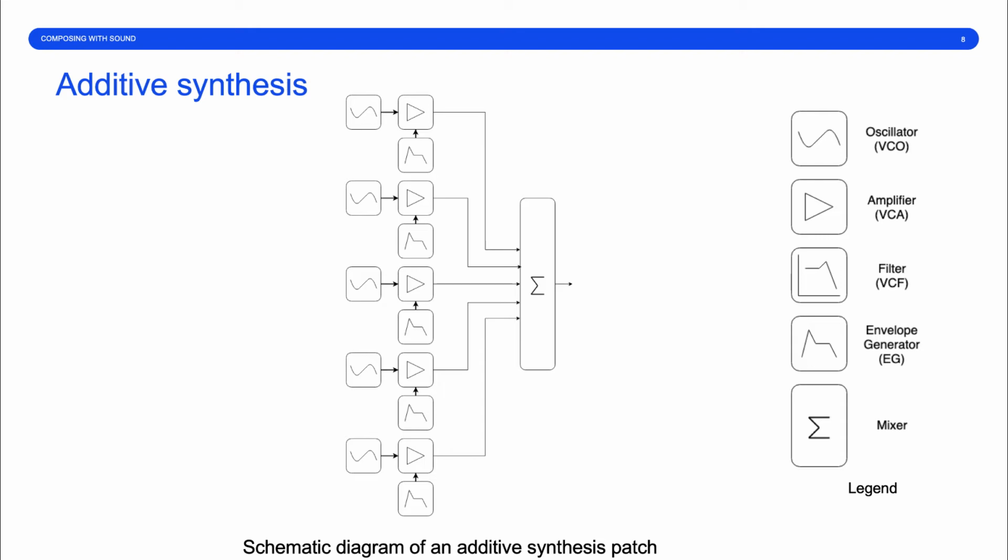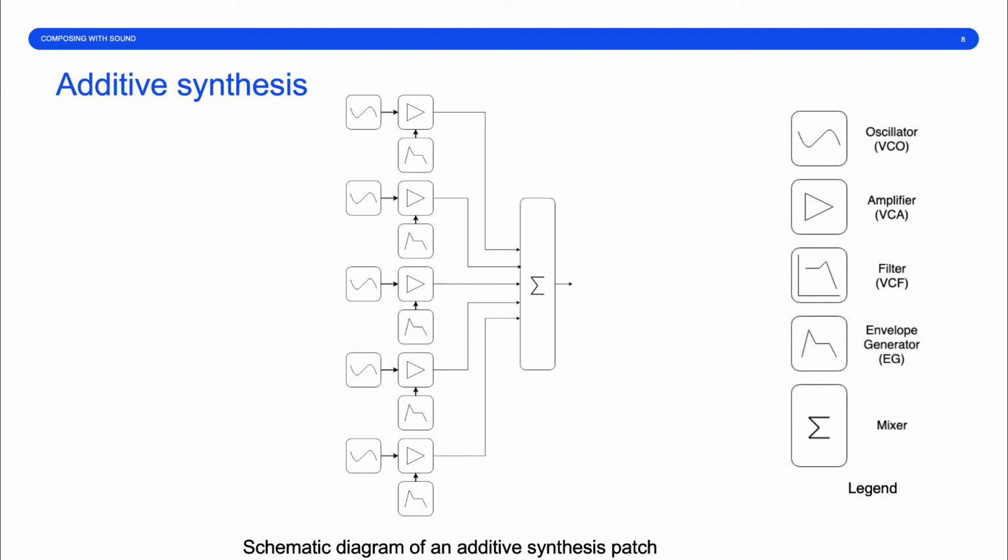The next symbol is for an envelope generator. Now this object produces a control message which will be used to control the amplitude or the gain of an amplifier, or perhaps the cutoff frequency of a filter. And the Greek letter sigma in the bottom right is for a mixer, which is a module that adds together the signals from the various other modules.